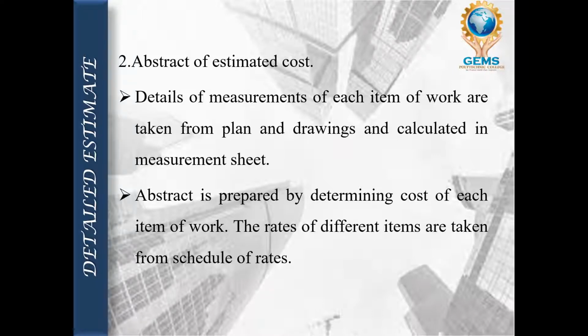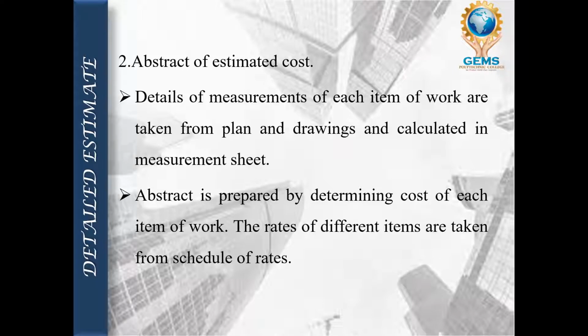After that we have to enter how many items we are going to use into a measurement sheet. In the first lecture itself I showed what a measurement sheet is, right? We have to enter the overall description of items of work and the cost into that measurement sheet.